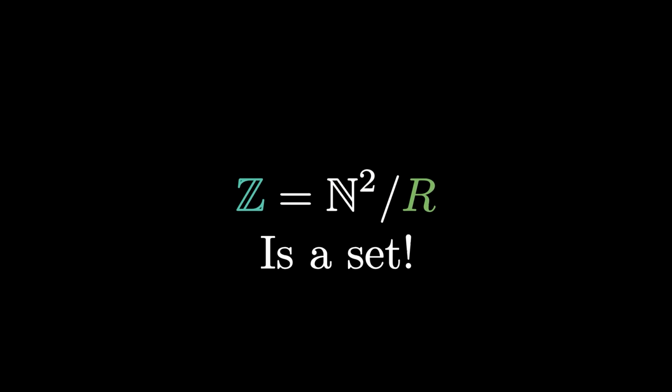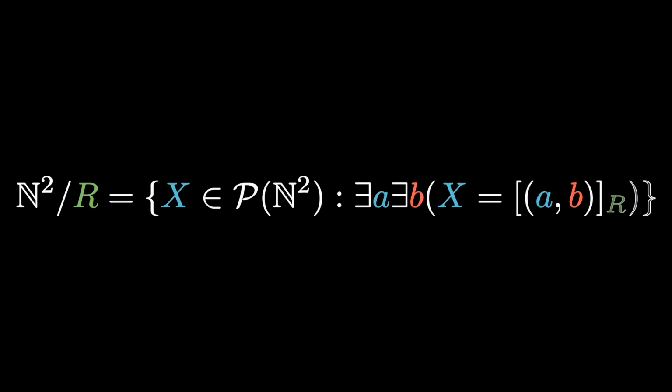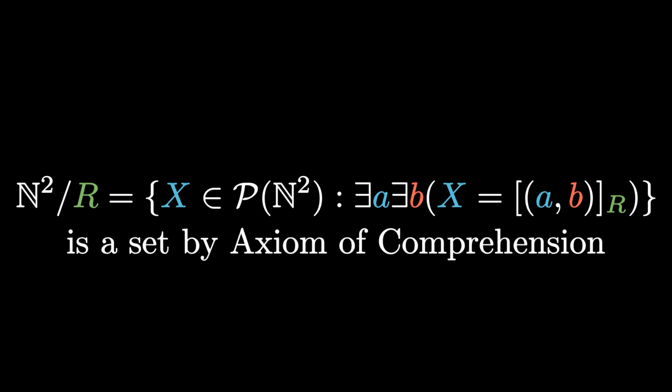So each equivalence class (a,b) of R is just a subset of N squared, defined by (c,d) in N squared such that a plus d is b plus c. Then since N squared over R is just a set of subsets of N squared, it is a subset of the power set of N squared. More specifically, the set of elements X in the power set of N squared such that X is some equivalence class (a,b) of R. So this set of integers is a set.